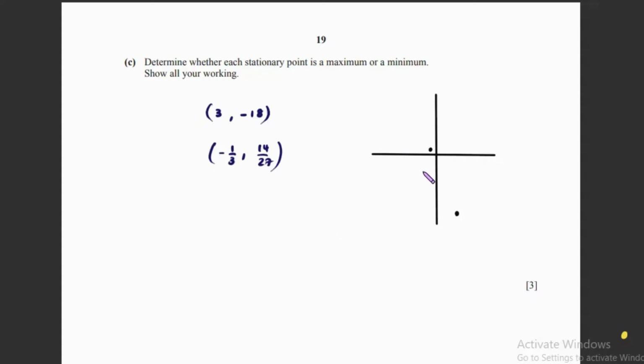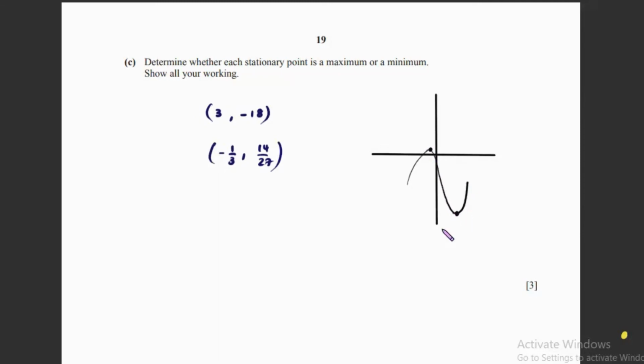Out of these 2 points, we need to identify which one is the minimum and the maximum. The equation for our curve was y equals x cubed minus 4x squared minus 3x. So this is a cubic graph, which means it will have a maximum point here, and the minimum is going to be like this.